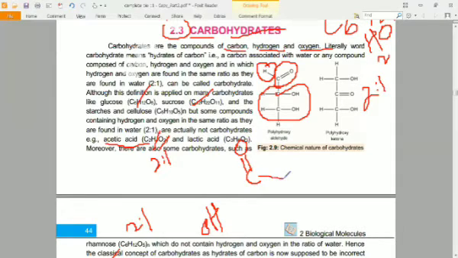Carbonyl group, and here R, and here H, or we can change the arrangement. So H and R: on one side a hydrogen and on the other side an alkyl group, or R. It means a chain of carbon; any number of carbons can be attached. This is polyhydroxyaldehyde.